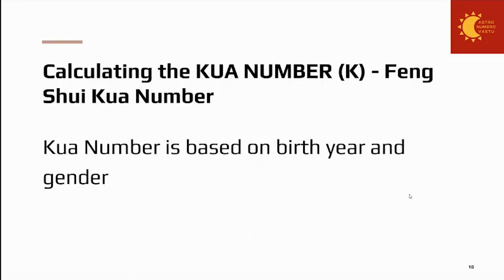Today we are going to learn how we calculate the Kua number. In the last video, we had provided you a brief introduction of numerology and how we can say that numerology is a science. We learned the significance of the date of birth of an individual that determines the planets which are actually acting on the personality of that individual.